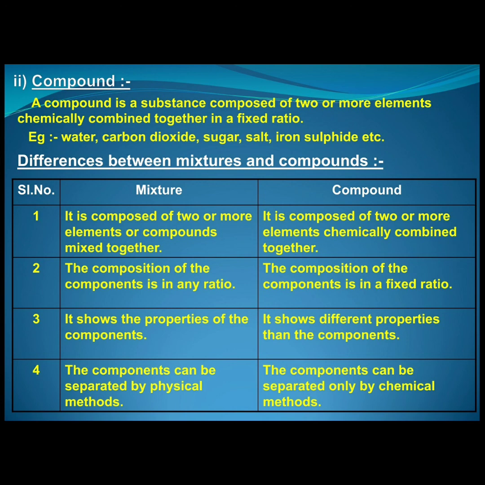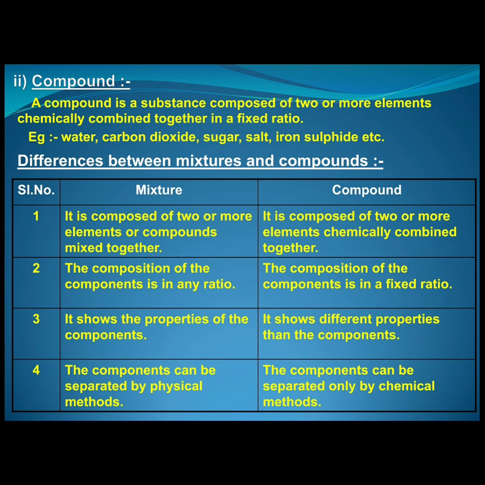For example, if I am burning magnesium ribbon, means adding magnesium and oxygen to each other, they will form magnesium oxide. Magnesium oxide is just like ash. So if we are seeing the magnesium oxide, it is completely different from magnesium and oxygen.